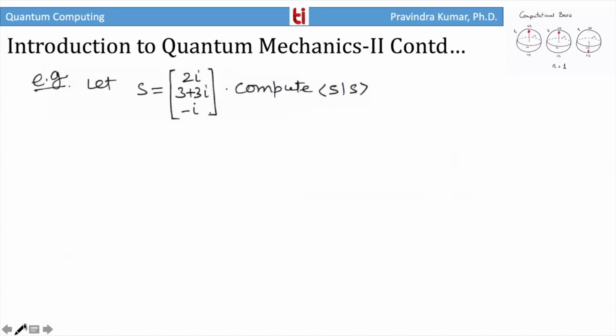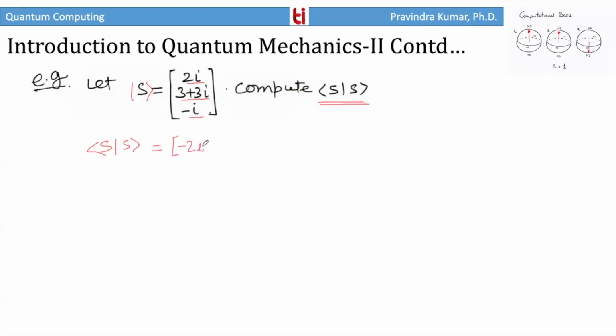So finally, let us take another example. The quantum system ket x is represented by a column vector with elements 2i, 3 plus 3i and minus i, and you have to compute its inner product with itself. The bra notation means the complex conjugate transpose of x.